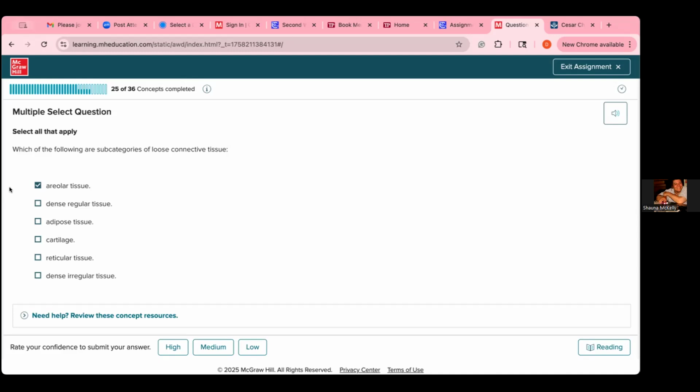Categories of loose connective tissue. Yeah, areolar tissue.